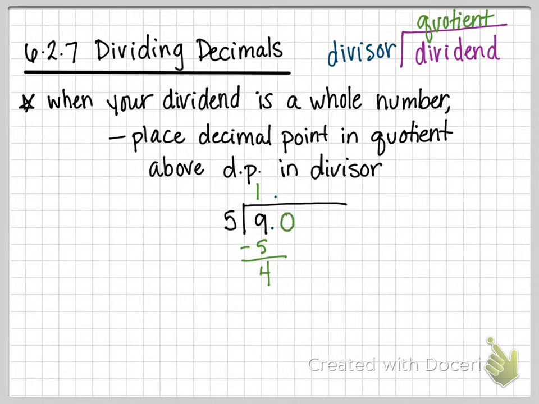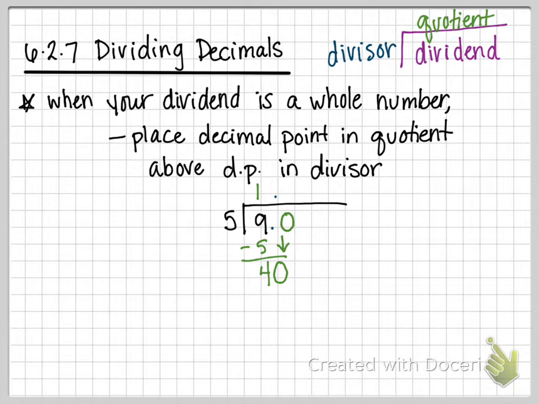We're going to put a little 0 here, because 9.0 is the same as 9. Would you agree? So we need to keep dividing here until we're done. And we're not done because this is a 4. It's not a 0. So I subtract, I bring down a 0, and then I do my division. What is 40 divided by 5?